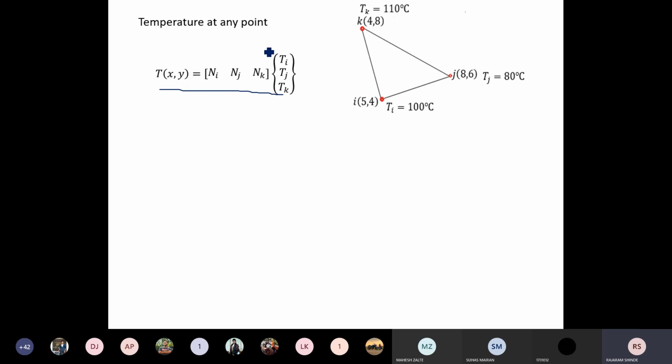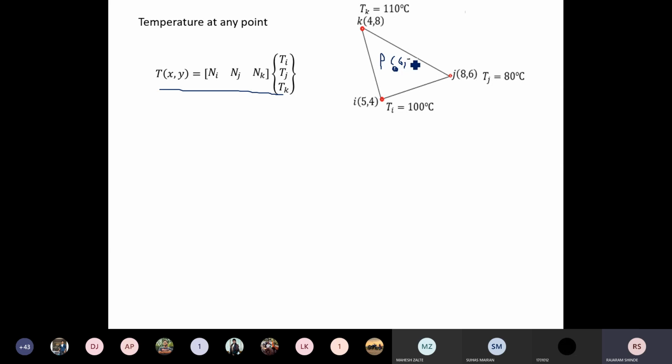Temperature at any point we can calculate by using this equation. Now it is asked to calculate the temperature at point P, whose coordinates are 6, 5.